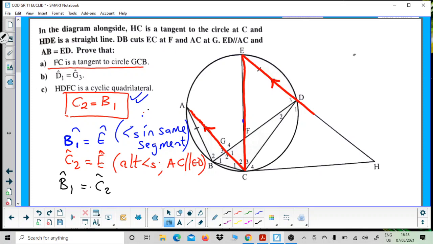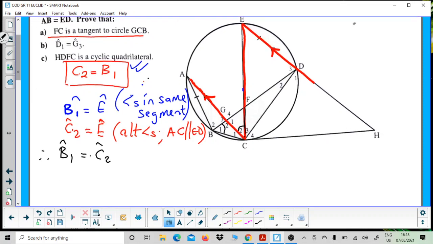Now we can conclude from these two statements. But the moment I conclude that, then I am agreeing that that thing is a tangent. Because remember, if we can just prove that this is equal to that, then it means this line here must be a tangent at that point. So it's a very good procedure to follow.